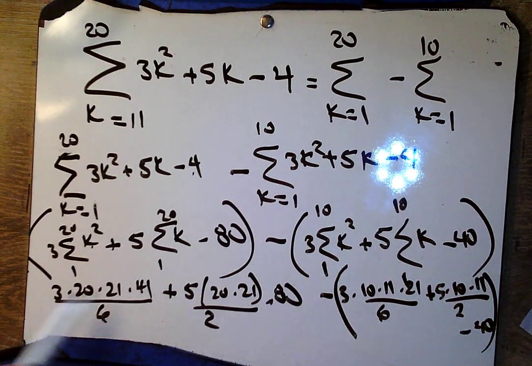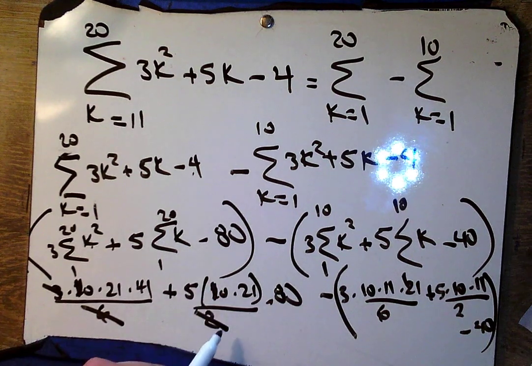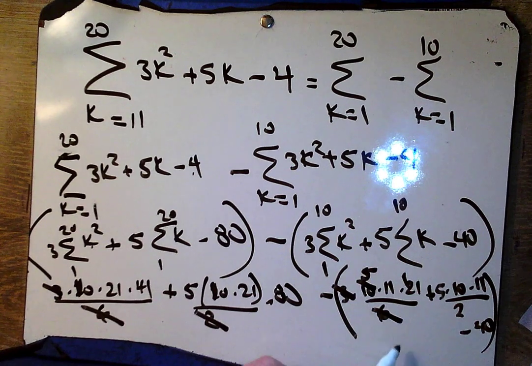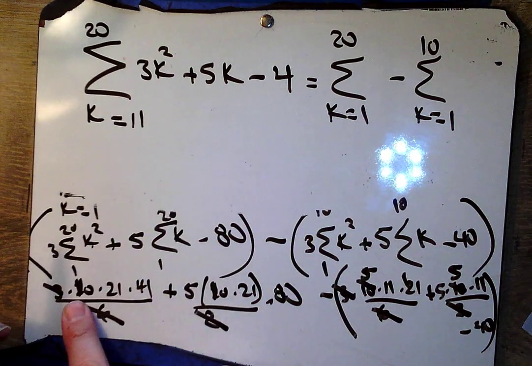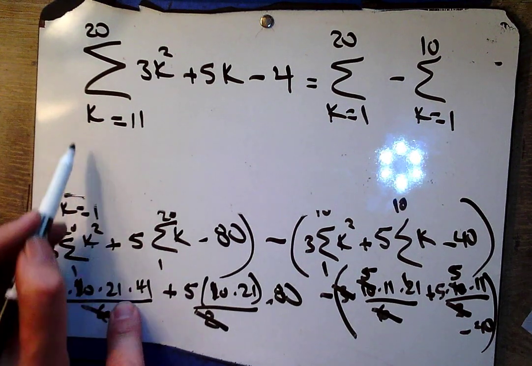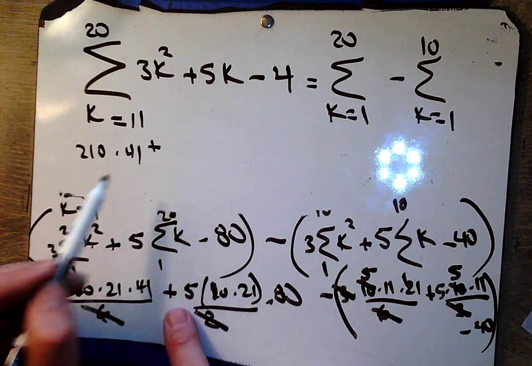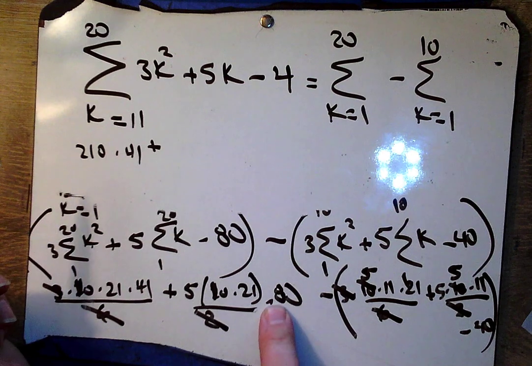Okay, and this is what we want to use our calculator for. I'm actually going to tidy this up a little bit. Okay, so that's going to turn out to be 10. Yeah, I took the 2 and the 3 for the 6. So 10 times 41 plus 50 times 21. That's a minus.